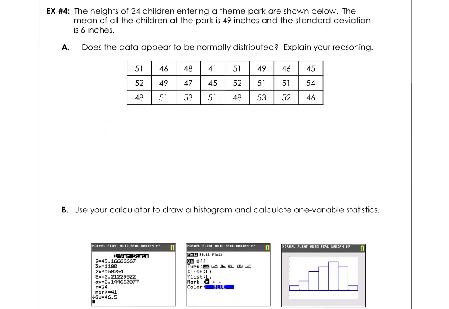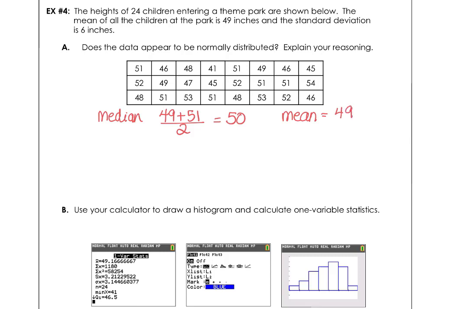Now, what I did was I ordered the data in the set on some scratch paper, and I found out that the median is 49 plus 51 divided by 2. So our median was 50, but the mean, which I did separately, was 49.